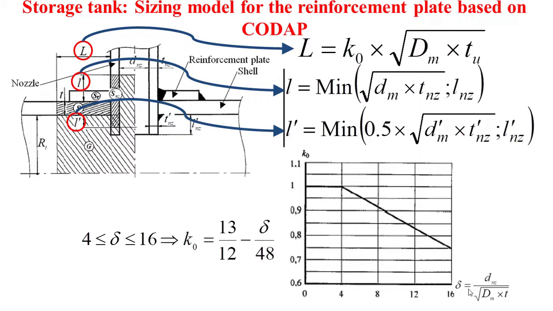Here, small d m means the mean diameter of the nozzle, T NZ means the thickness of the nozzle, and L NZ means the length of the nozzle, and I explained how to obtain this length in the previous video. And of course, D prime m is the mean diameter of the exceeding of the nozzle, and T prime NZ is the thickness of the exceeding of the nozzle.